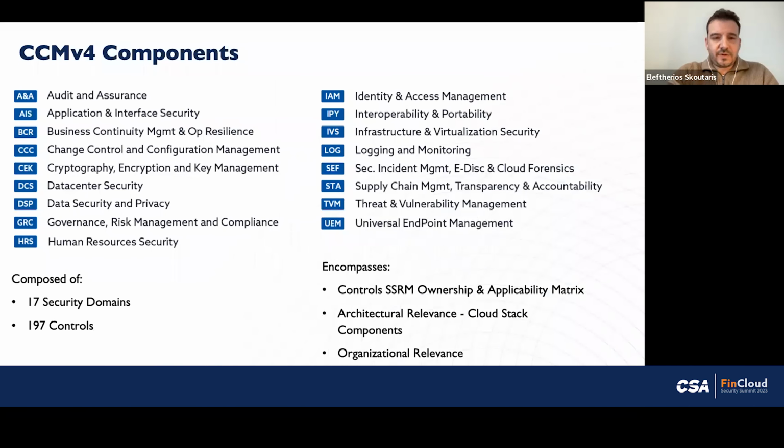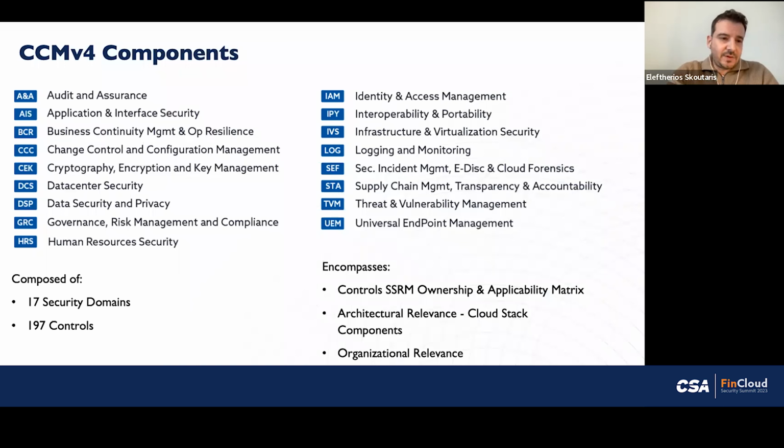So here's an overview of the CCM at version 4, the latest version. You can see the security domain structure. Version 4 is the successor of the previous version 3.0.1 of the CCM.